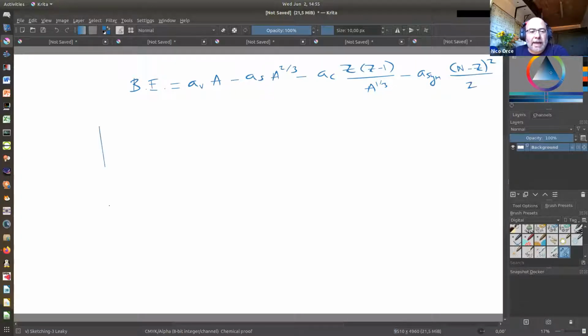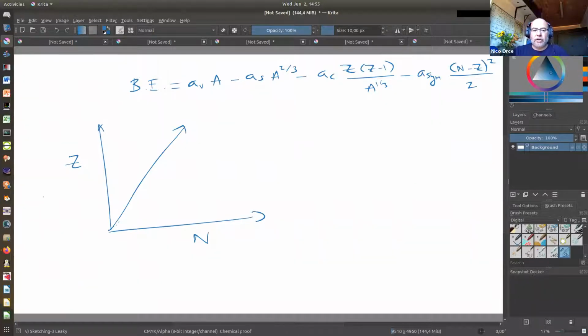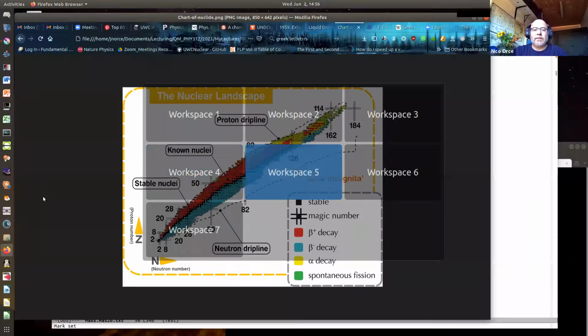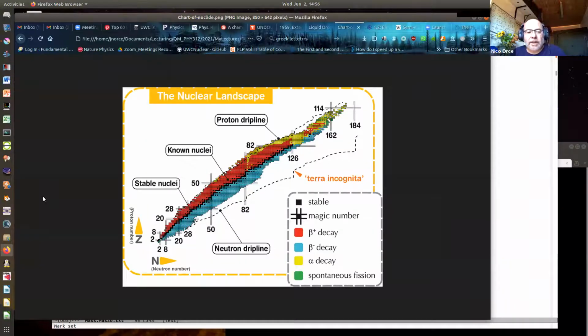So now if we look at the N over Z in the chart, let's say this is Z and this is N, and we draw a straight line, we see that there are a lot of elements which follow that straight line. You see all these guys here will follow a straight line.